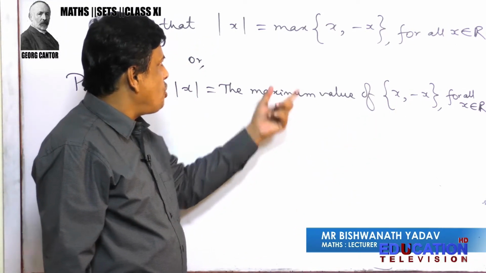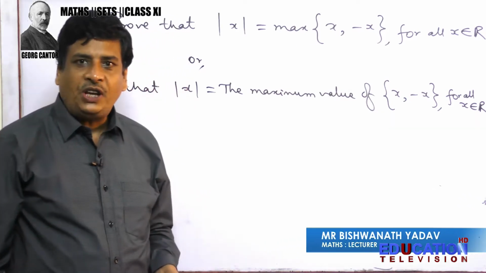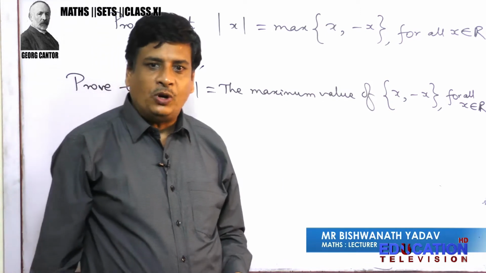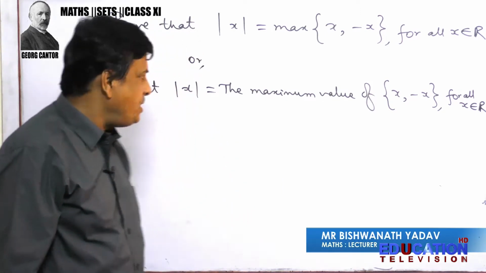This can be written in short as max of the set containing elements x and minus x. With the help of the definition of the modulus of a real number, we can prove it.